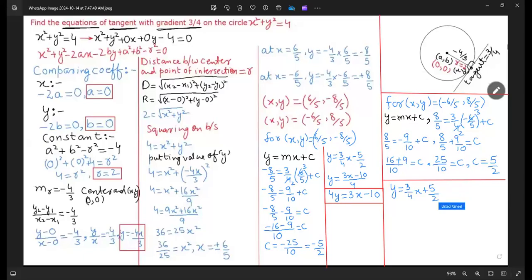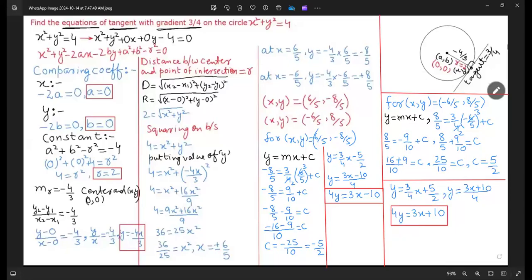Okay, so y equals to, taking LCM, it will become 4, 3x plus 10, shifting 4y equals to 3x plus 10.